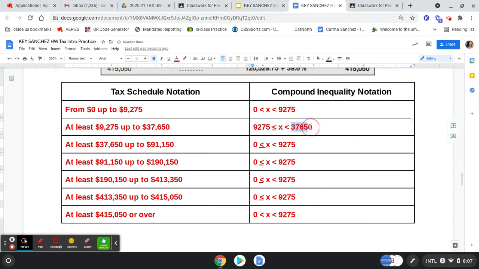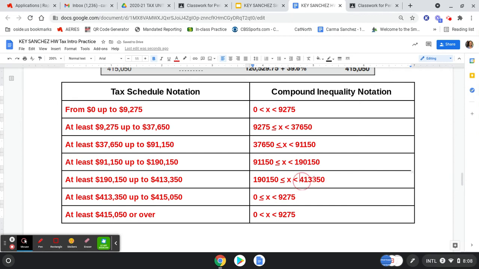And then from at least 37,650 to 91,150. From at least 91,150 up to 190,150. This one's going to go from 190,150 up to 413,350. This is a big jump, huh?